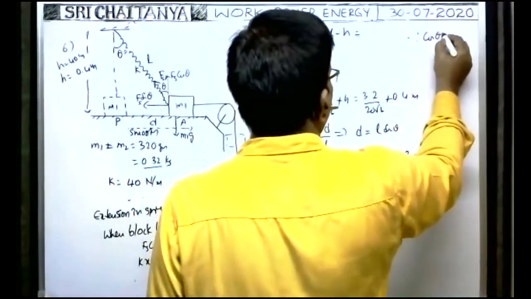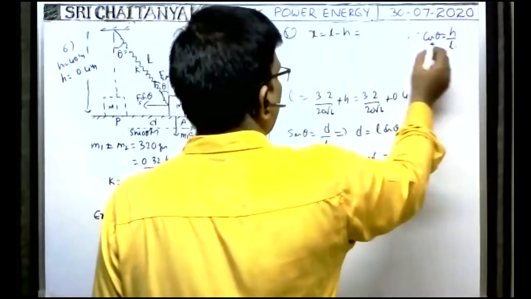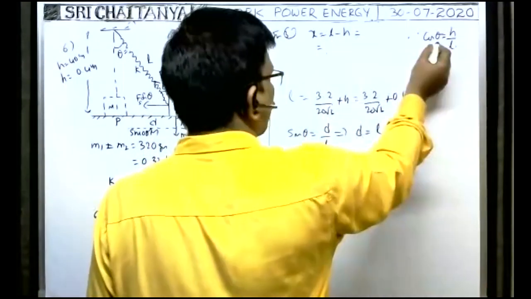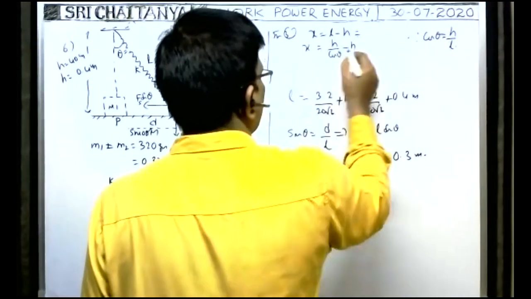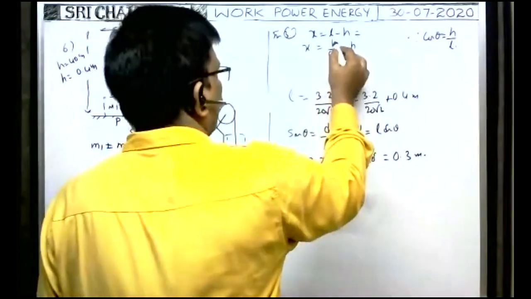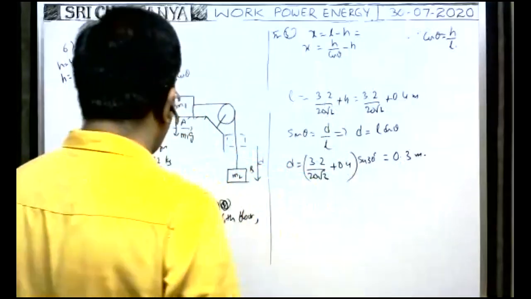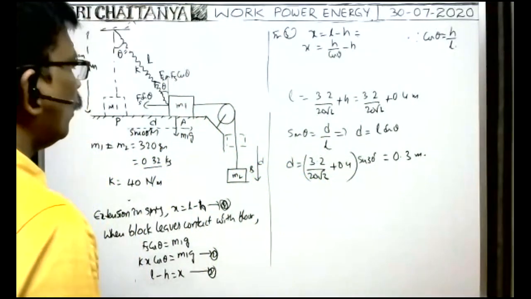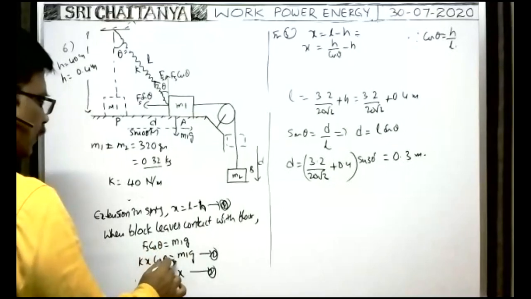Since cos theta is equal to h by L, therefore L is equal to h by cos theta. So x is h by cos theta minus h. Okay, this is the relation between theta and x.